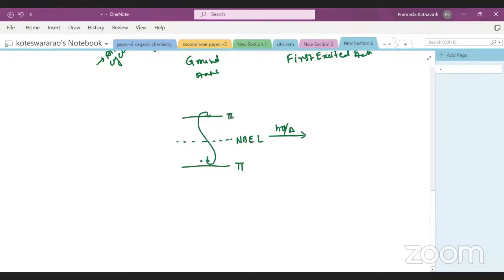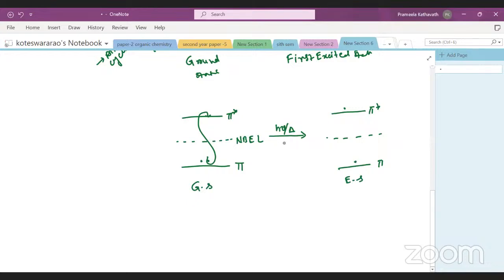This is the first excited state level, the pi star. After excitation, the first excited state has 1 electron, and pi star has 1 electron. This is the ground state, and this is the excited state.